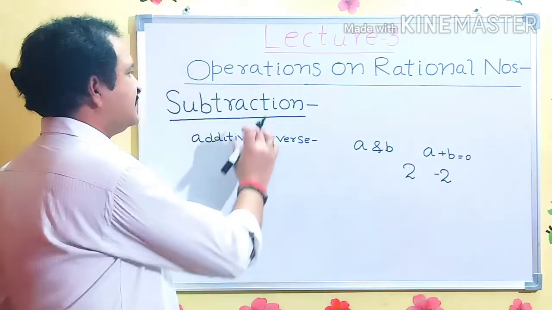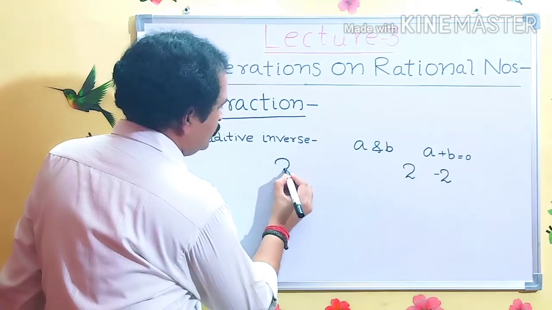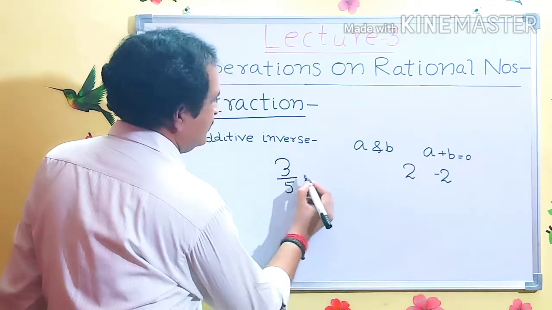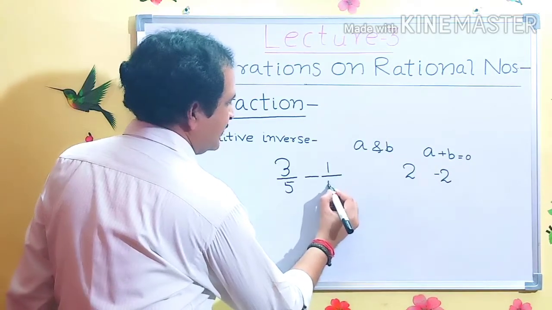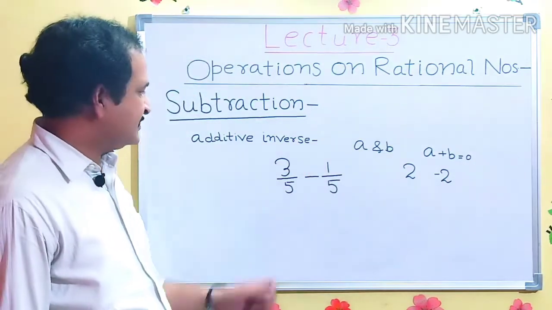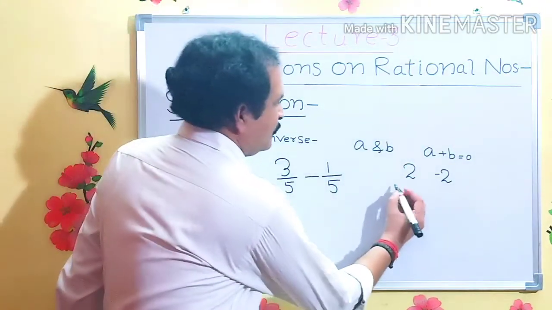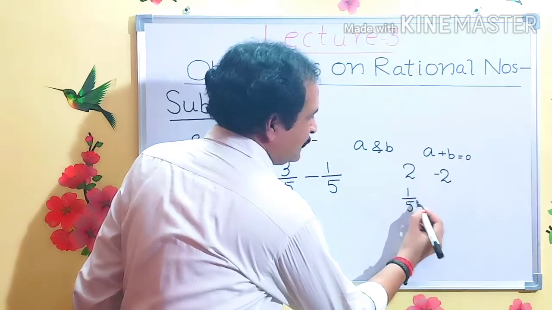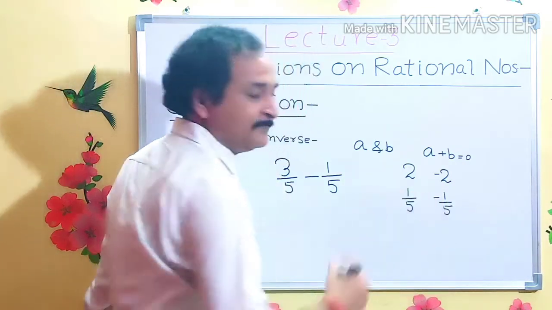Now we will discuss the concept of subtraction. Suppose there are two rational numbers 3 upon 5 and 1 upon 5, and we want to subtract 1 upon 5 from 3 upon 5, then we can write it as 3 upon 5 minus 1 upon 5. What is the additive inverse of 1 upon 5? Minus 1 upon 5.